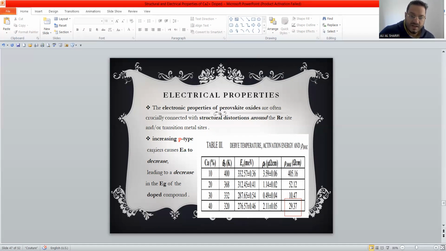Here, increased p-type carriers cause the activation energy to decrease. That's a reverse relation between the increase of p-type behavior and the activation energy. This reverse relation leads to what? To a reverse relation with the energy band gap.